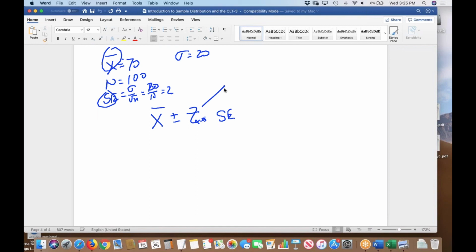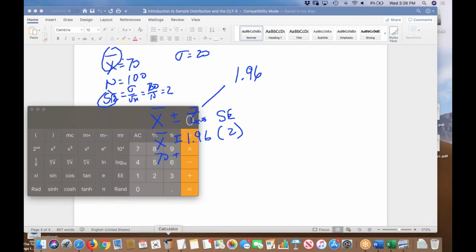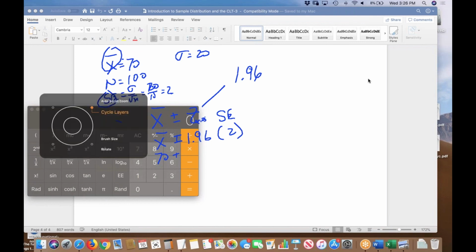So what am I going to use for z now instead of 2? 1.96. So x bar plus or minus 1.96 times my standard error, which is equal to 2, and that's 70 plus or minus... my calculator here.